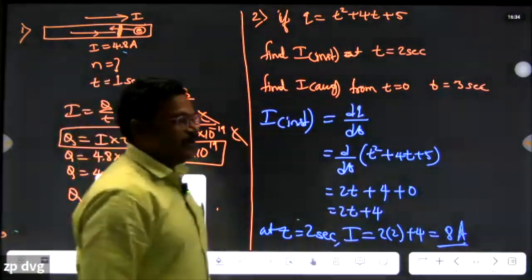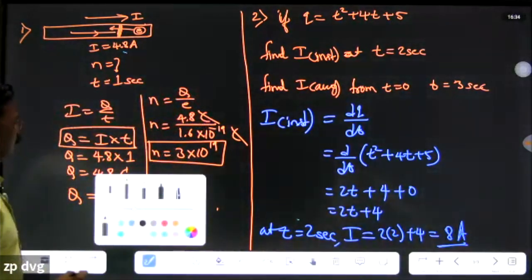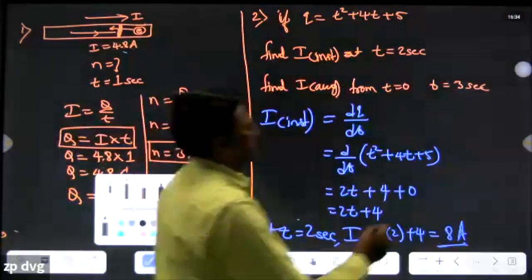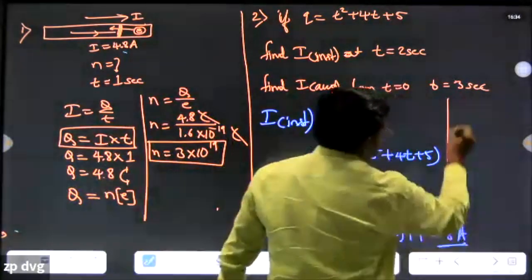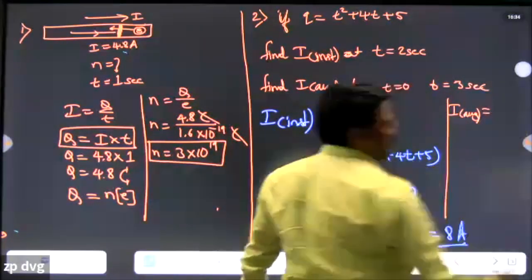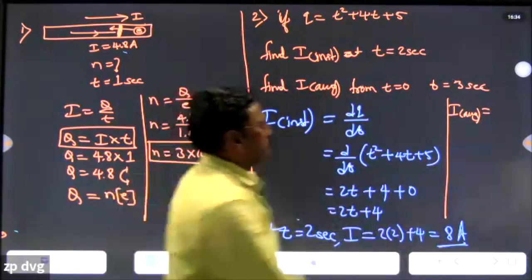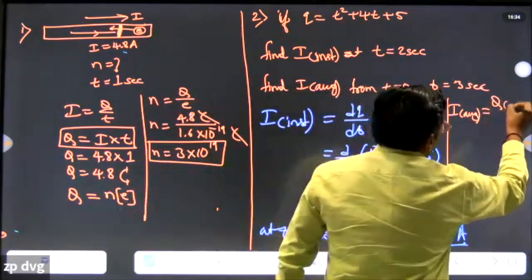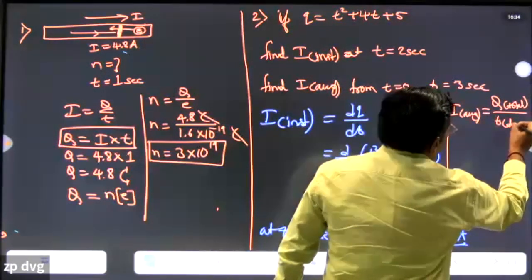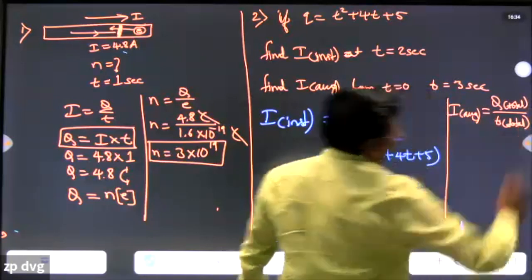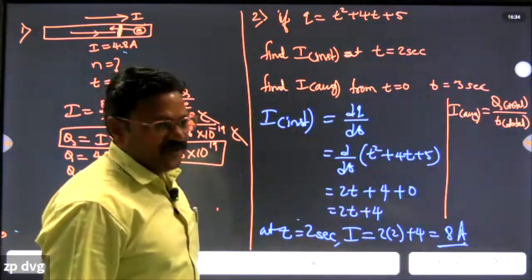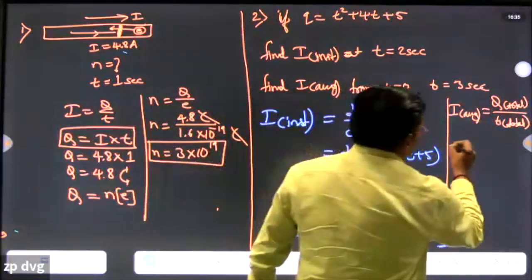Now let us find the value of average current. I average is equal to total charge Q total divided by t total. So total charge divided by total time gives the value of I average.